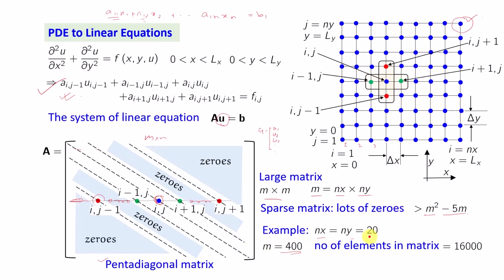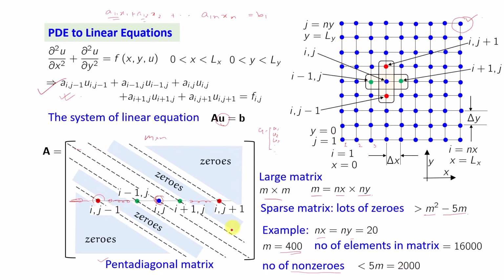However, among this, we'll have only 5m, that is 5 into 400, 2000 maximum. It will not be 2000, it will be less than that, of non-zeros. The remaining will be zeros, which means about 10% non-zero and 90% zero.